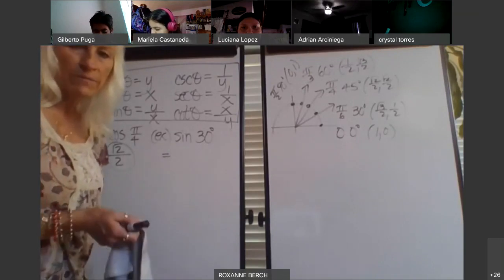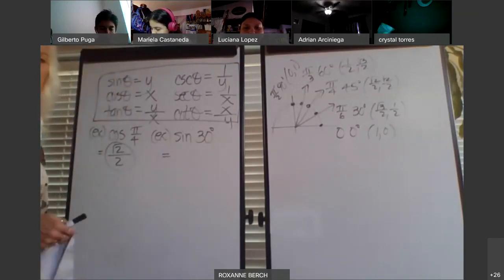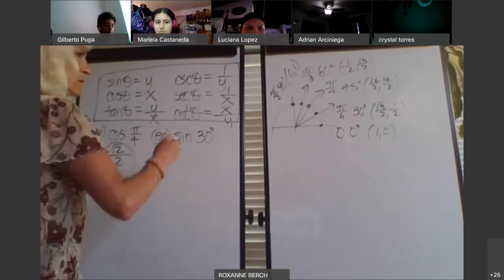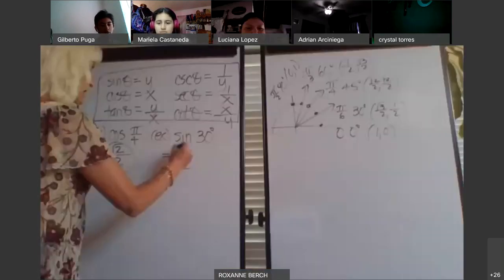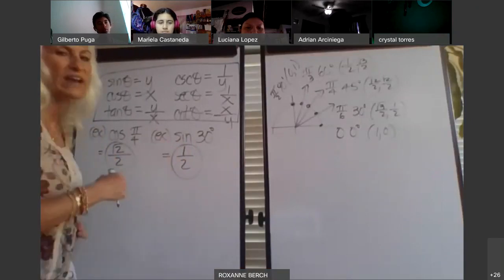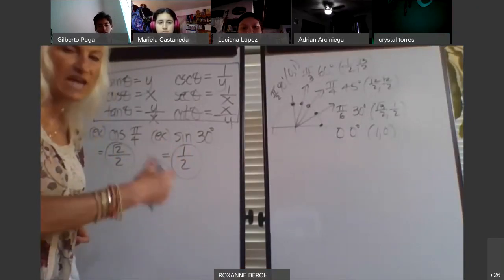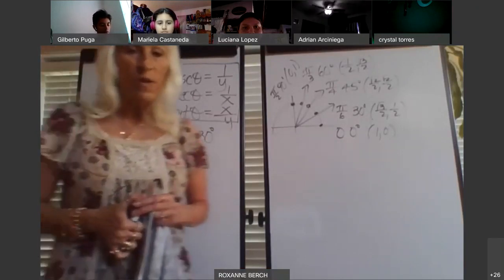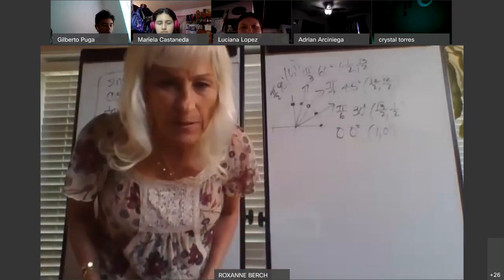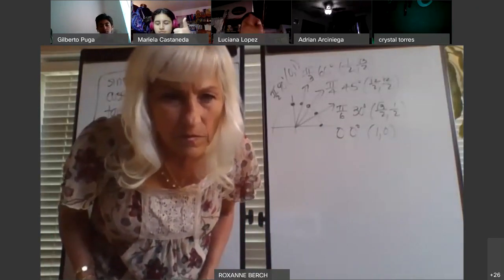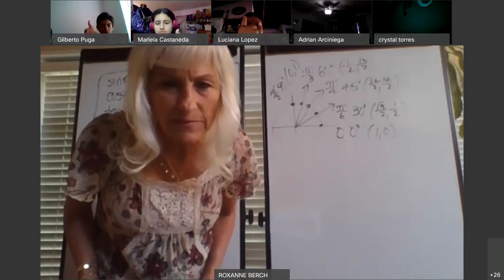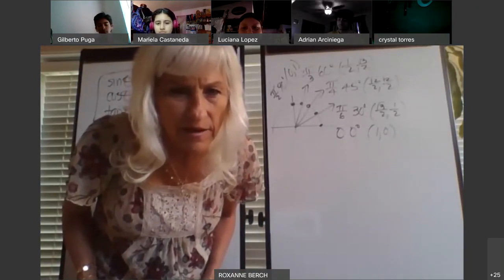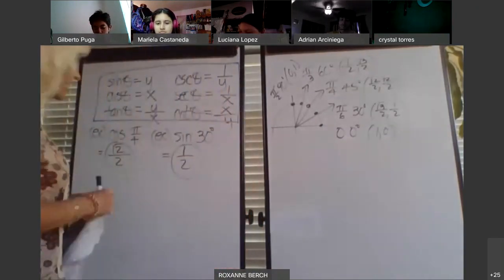All right, somebody unmute yourself and tell me, what's the sine of 30? 1 over 2. 1/2? Okay, so basically what I'm asking is, what is the y value when the angle is 30 degrees? And so you're telling me 1/2. Okay, that is correct. Let me see thumbs up. Good, let me see thumbs down. Nobody? Okay, good.